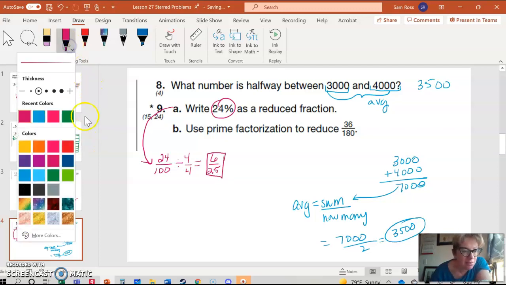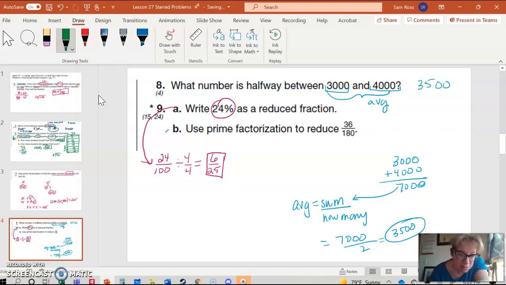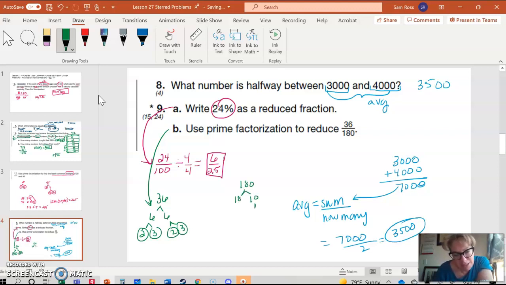Okay, new color. Use prime factorization to reduce that. Okie dokie artichoke. So 36 is 6 times 6, which is 2 times 3. These are prime. 6 is not prime. There we go. So that's the prime factorization of 36. 180 is probably going to be a little bit longer. Let's do 18 times 10. 2 and 5. 9 and 2. 3 and 3.